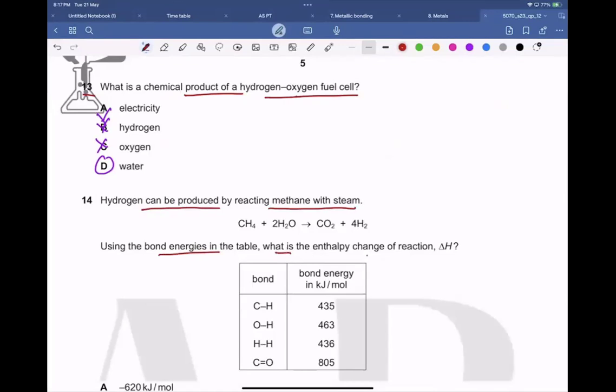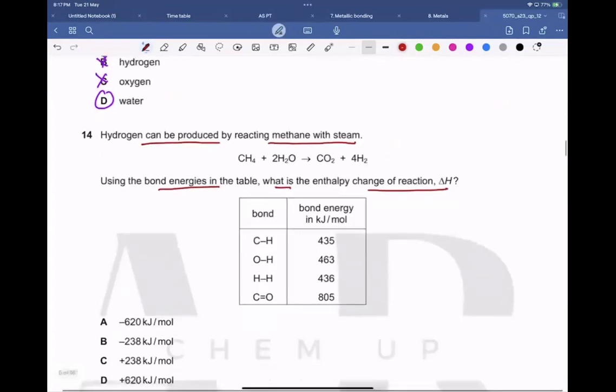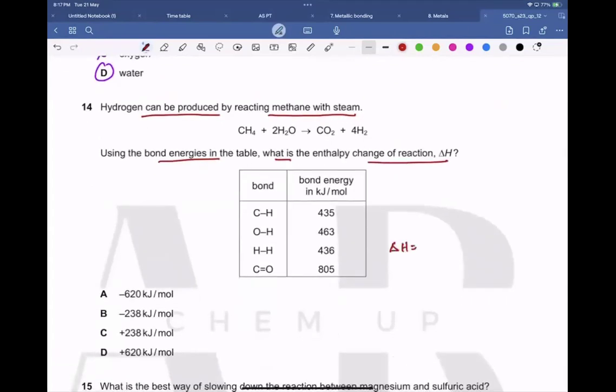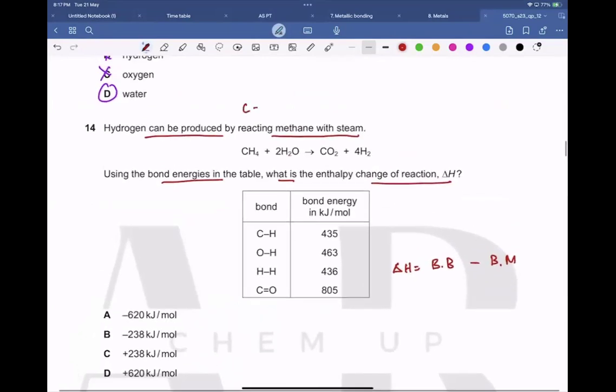So if you recall, I have told you the formula of enthalpy change is the bond energies involved in bond breaking minus bond energies involved in bond making, right? So first make the equation into the bonds. There are four carbon hydrogen bonds, so I'm going to make it times 4.